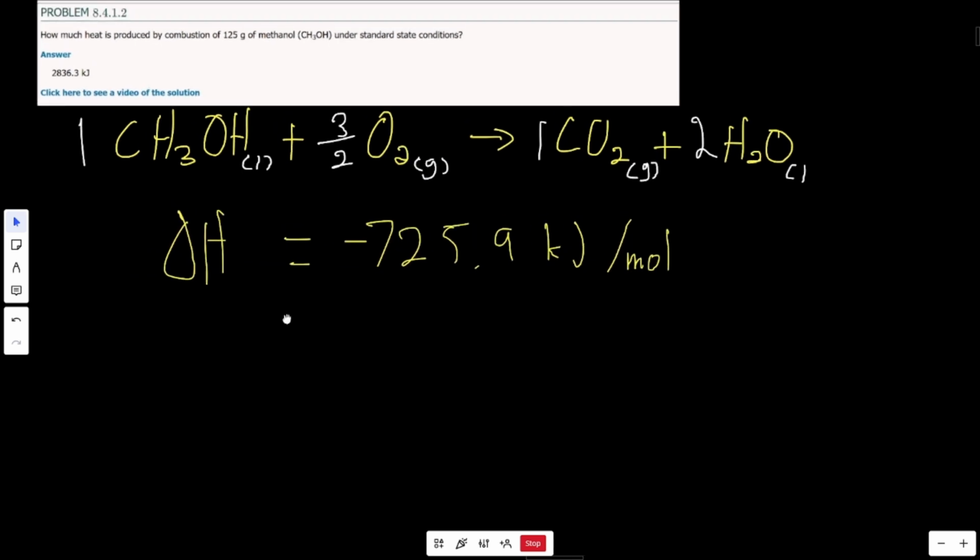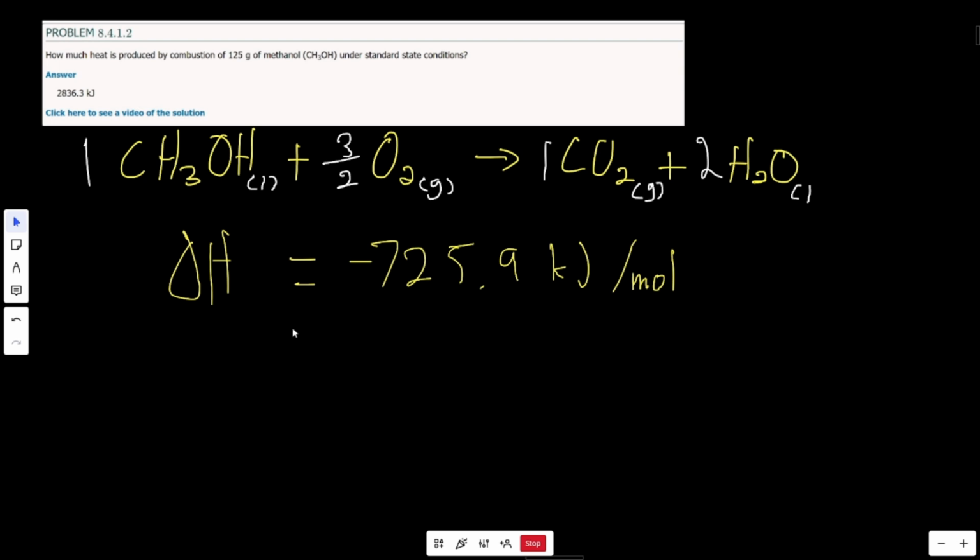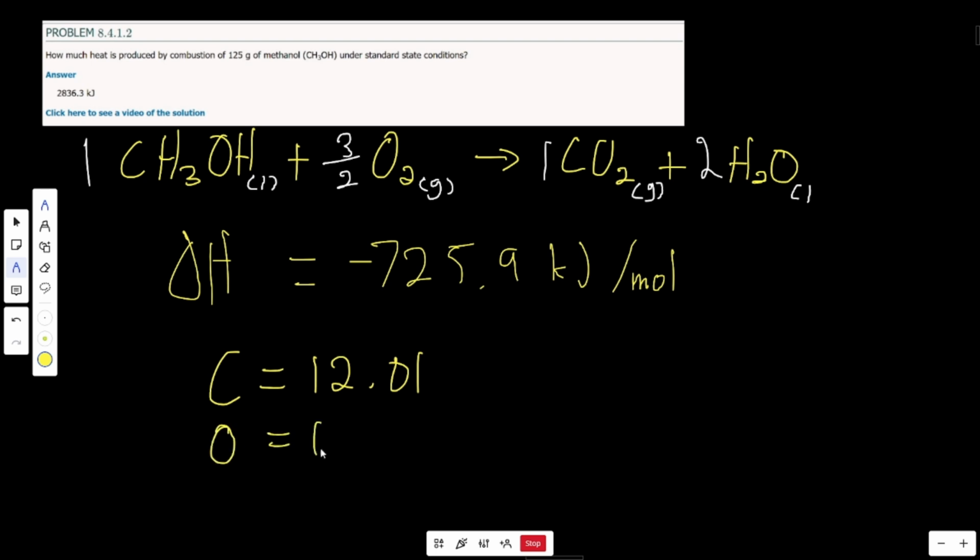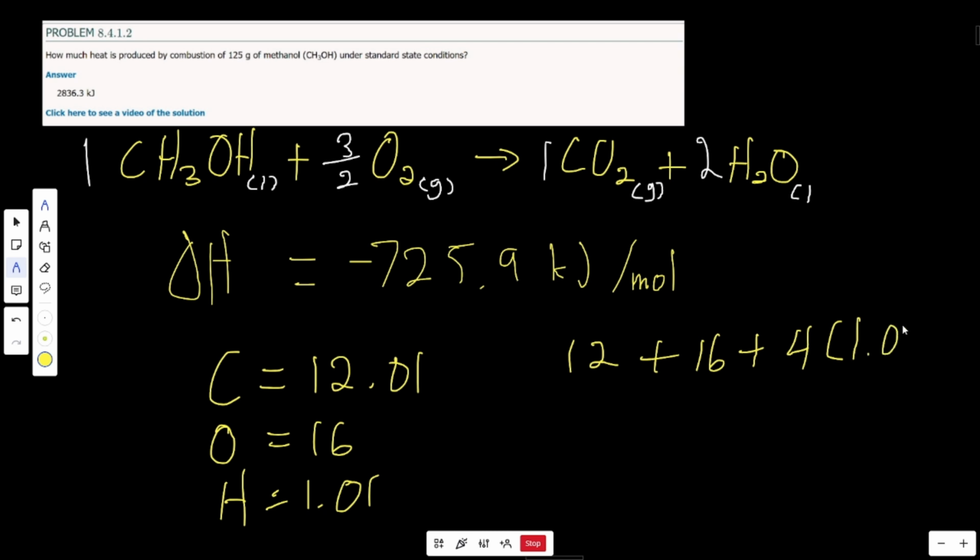Okay, so let's recall how to convert mass to moles. First, we have to get the molar mass of methanol. The molar mass of carbon is 12.01, oxygen is 16, and hydrogen is 1.01. So here we have 1 carbon, 1 oxygen, and 4 hydrogens.